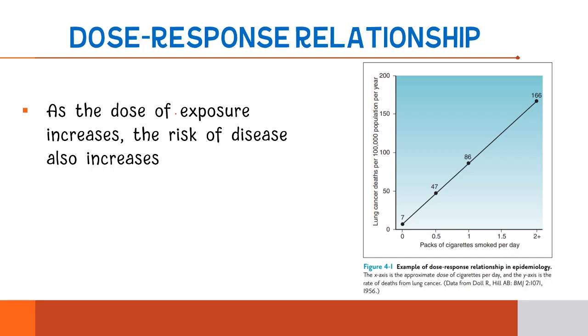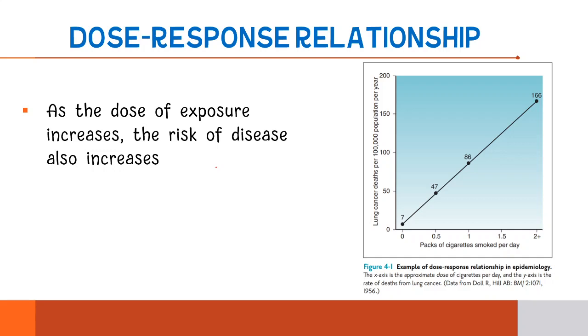So let us take a look at this graph. Diba? This figure 4-1 is an example of a dose-response relationship in terms of the number of packs of cigarette smoked per day and in terms of lung cancer deaths per year. So, unsa inyuhang napansin? The more na increase, 'di ba?